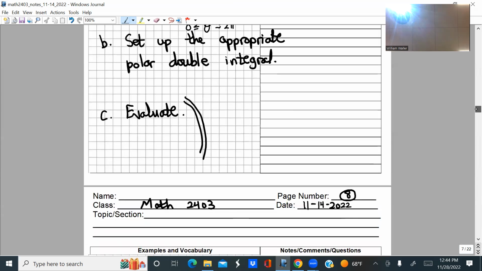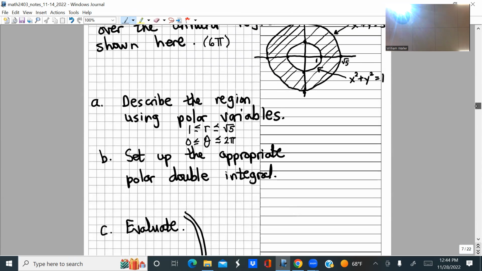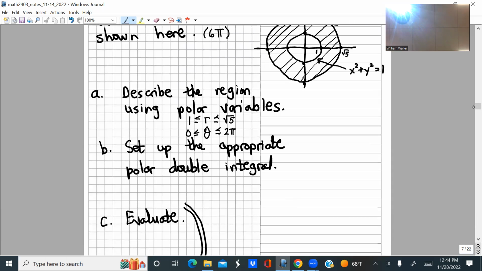So let's try writing down the double integral for this volume, but in polar coordinates. So what are we going to have here? I think we can figure out now what the limits of integration are, right? Remember, the order of integration is dr d theta, so the inner limits of integration correspond to r.